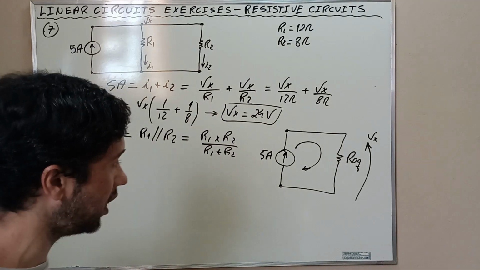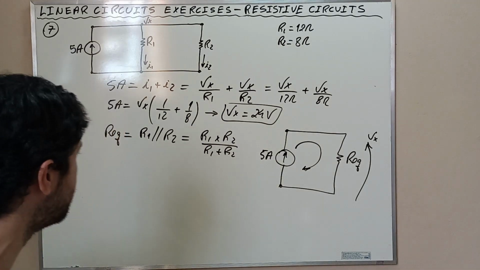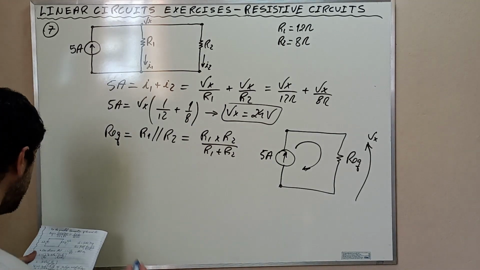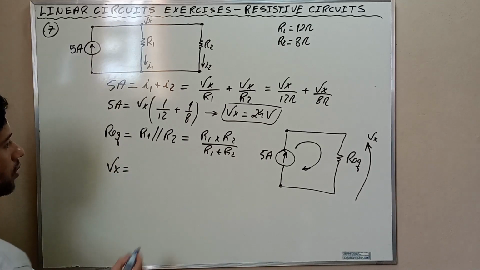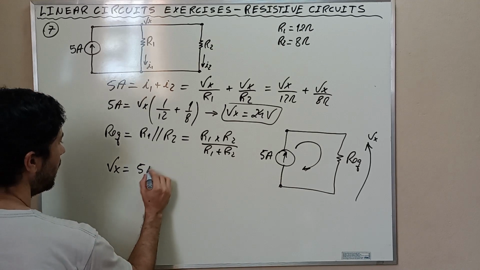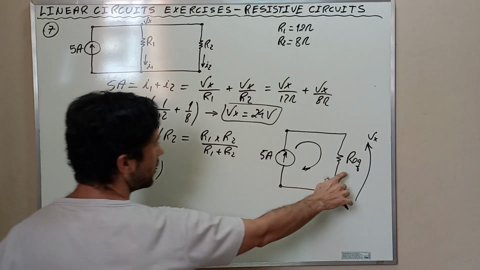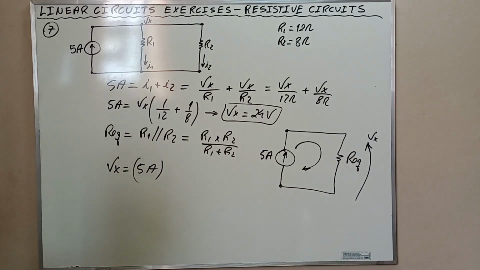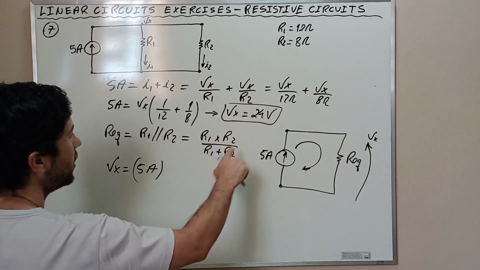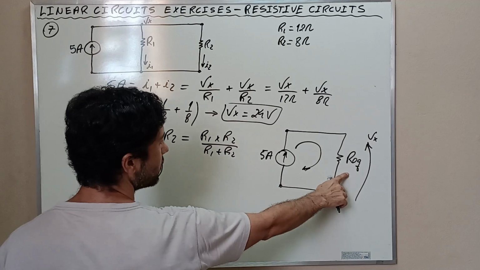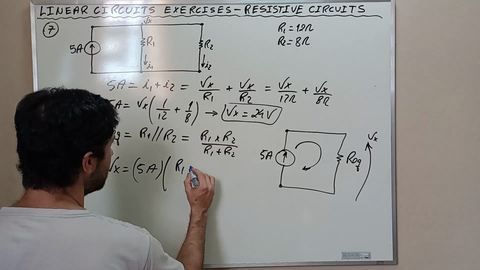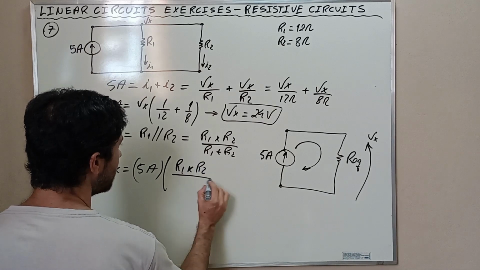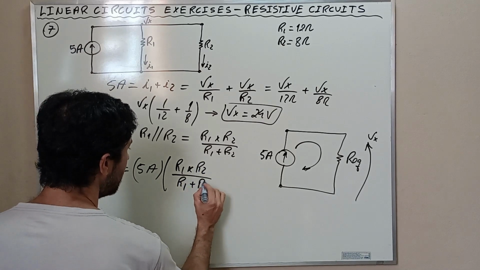Observe this, it is important to observe this. Observe that Vx is equal to 5 amps times the parallel connection. The equivalent resistance is equal to the parallel connection, which is R1 times R2 divided by R1 plus R2.